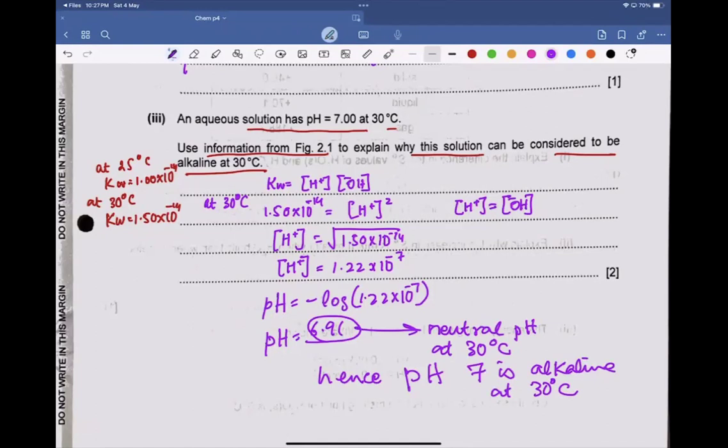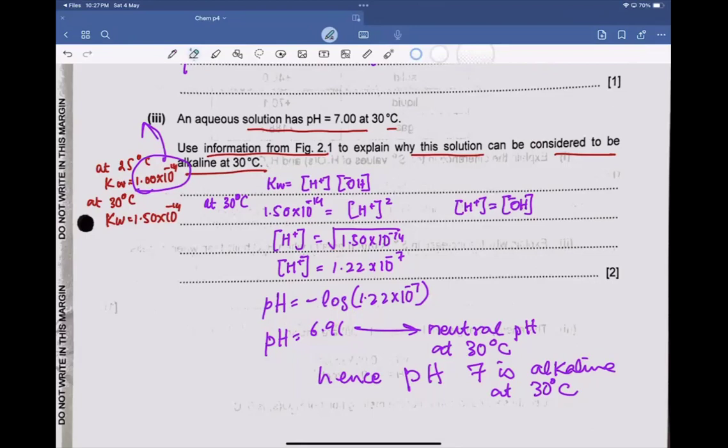That is for 25 degrees Celsius, Abdullah. If you work from this, because it's for 25 degrees Celsius, you will get the pH 7. And at 25 degrees Celsius, OH ions and H ions are equal at pH 7. But at 30 degrees Celsius, the hydrogen ion concentration and the hydroxide ion concentration get equal at this pH. So it means that this pH is neutral now at 30 degrees Celsius.